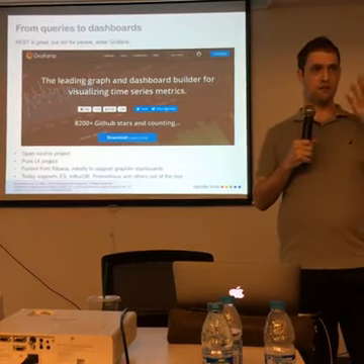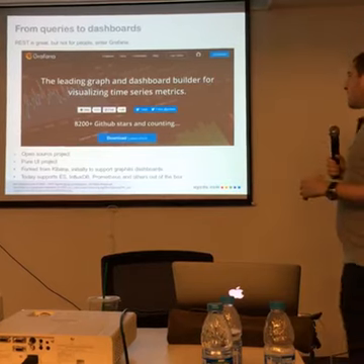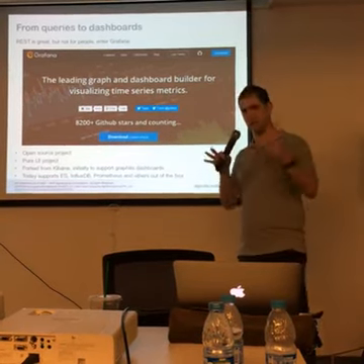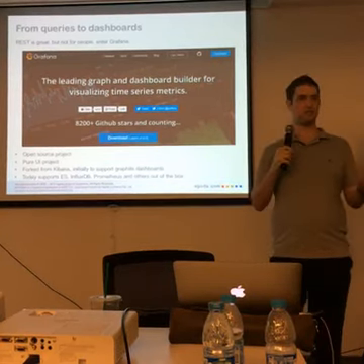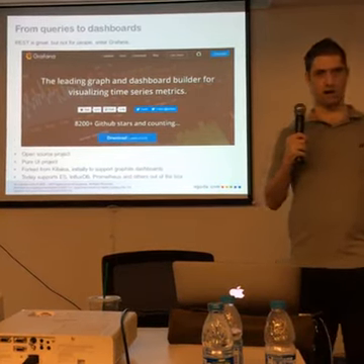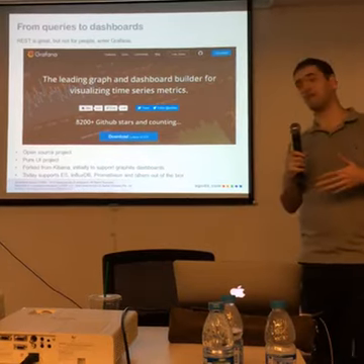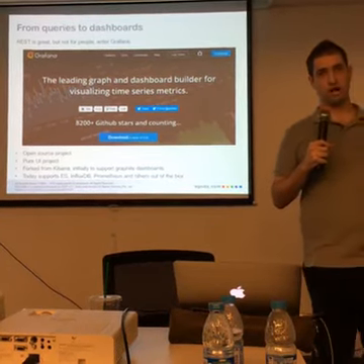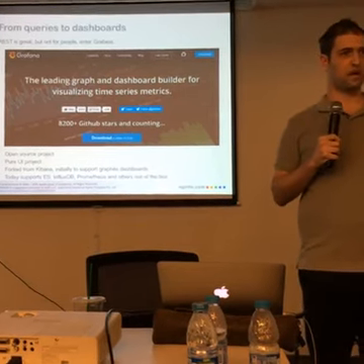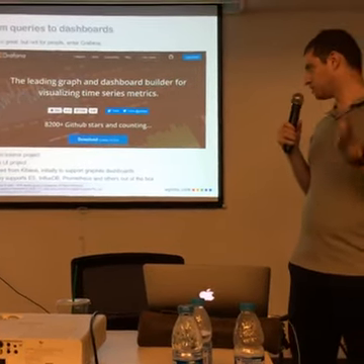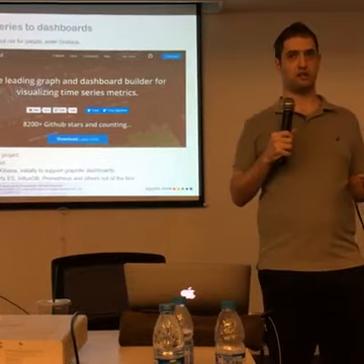It's very time series oriented. Basically it just gives the UI to build dashboards on top of these different time series solutions. And this is a very successful project right now, also because of the inflation in the amount of different metric stores that we have today, like Influx and Prometheus and Elasticsearch and all these other things.